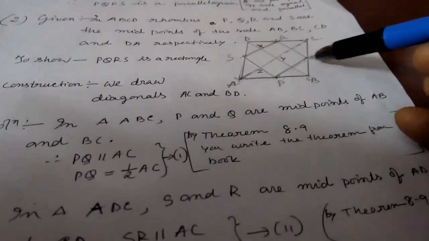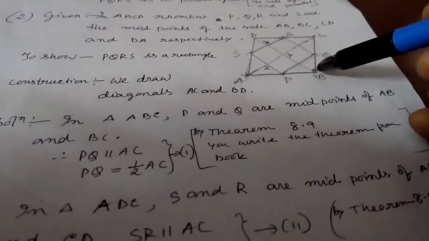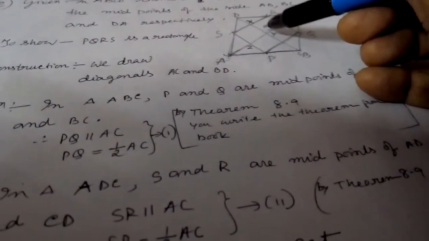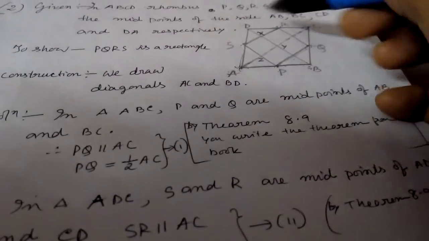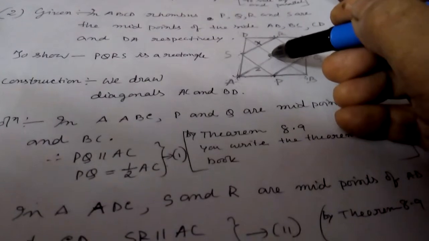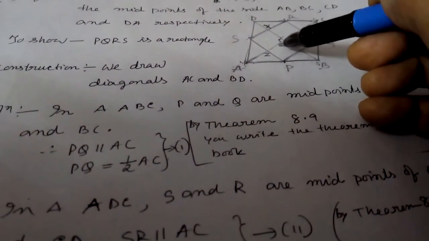So this is a parallelogram. Now one property of a rhombus: the diagonals of a rhombus bisect each other perpendicularly. That means AC and BD bisect each other at Y, and each angle here is 90 degrees.